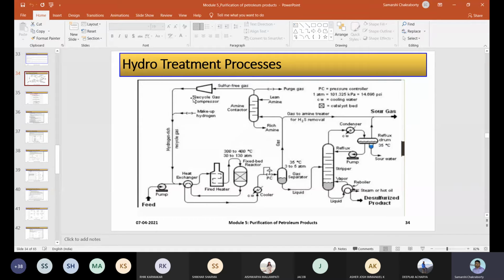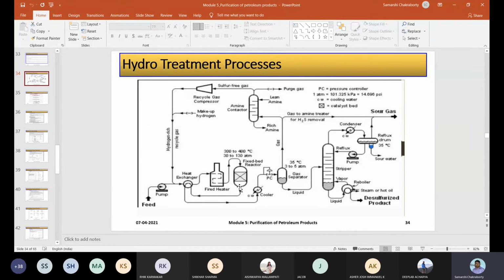And we have already added a compressor, so your pressure is already high in this case, and may vary between 30 to 130 atmospheres. Then it enters the fixed bed catalytic reactor, which is where your catalysts are stored.